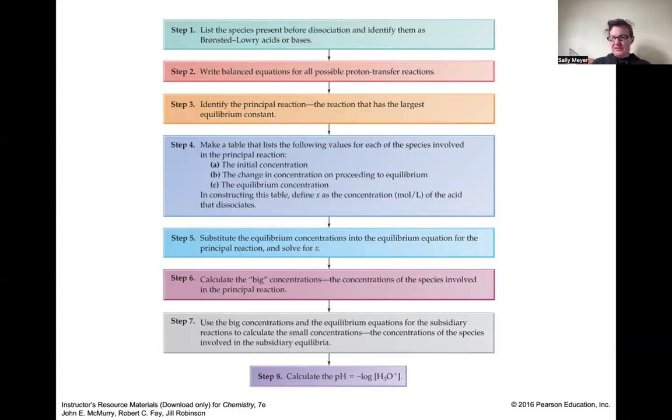So this is just a flow chart. It might be useful to you. We'll use these ideas as we work problems. I don't necessarily use this flow chart directly, but you might find it useful.